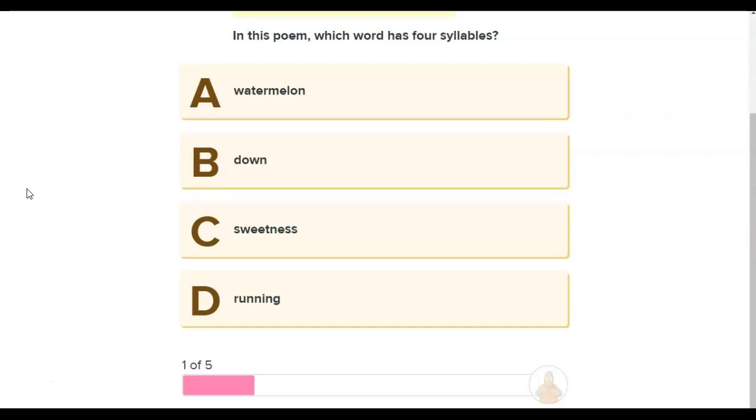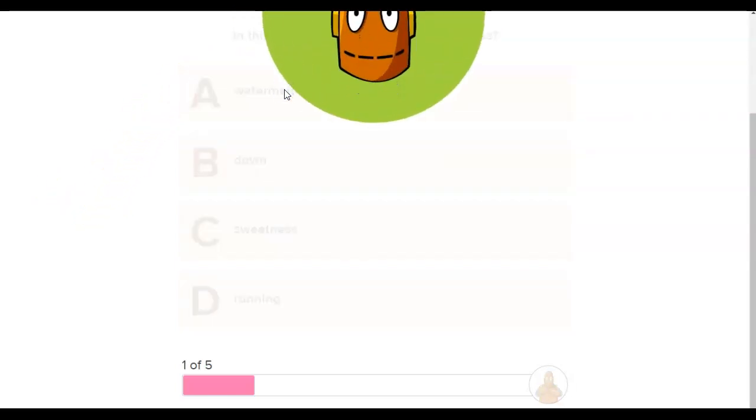So watermelon. How many is that? I guess we'll go like that. Or down, or sweetness, or running. Which one had 4 syllables? Watermelon.